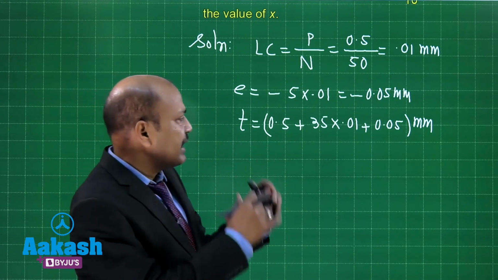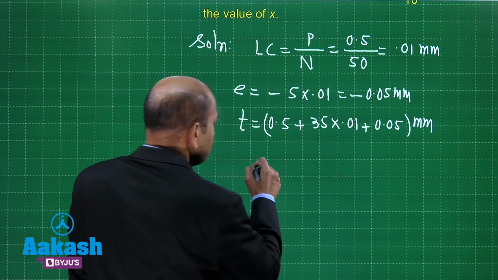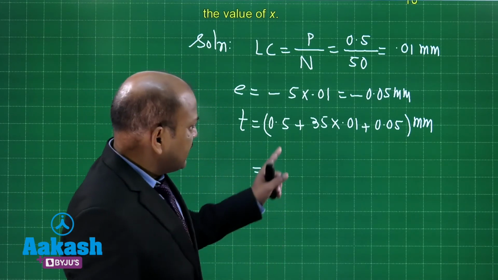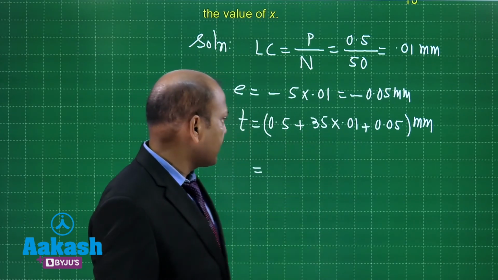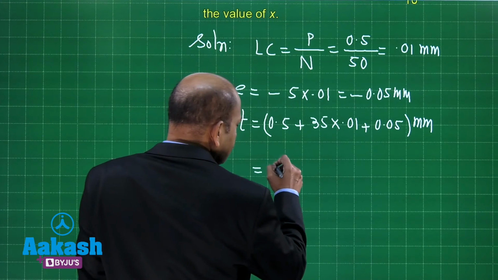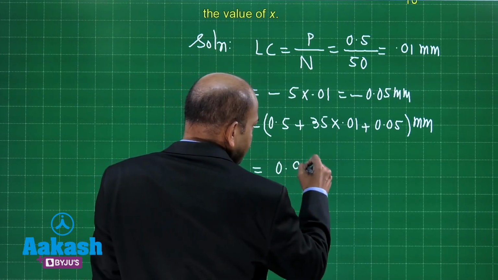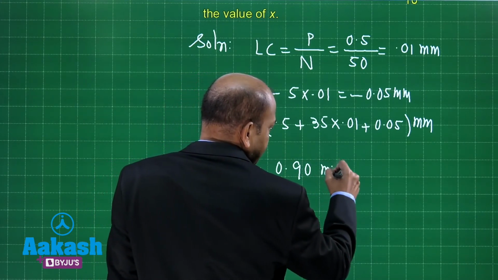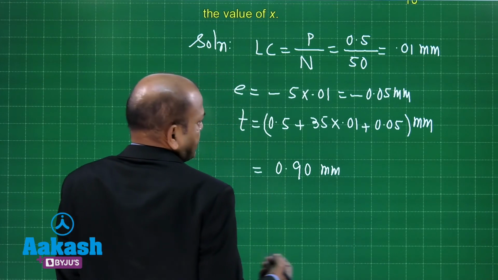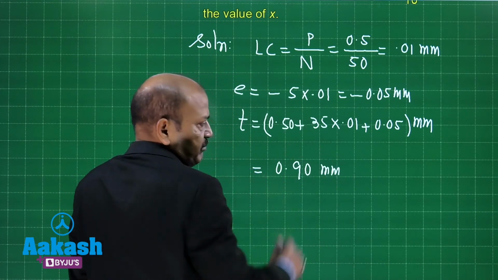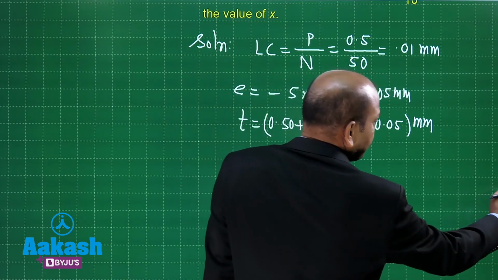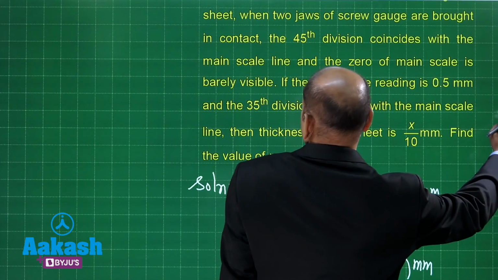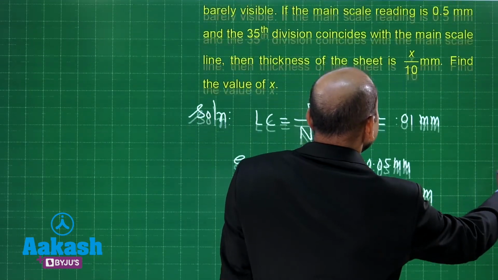Let us now just evaluate this. How much is this coming to? Well, this is 0.5 plus 0.35 plus 0.05, and this is then coming out as 0.90 millimeter, right. So, this is the value of thickness, and we have to put it in terms of x by 10 millimeter, all right.